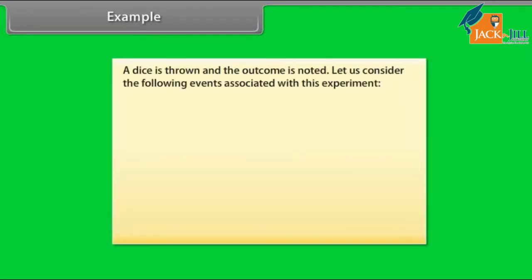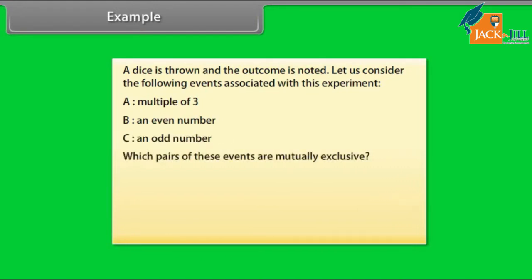Example. A dice is thrown and the outcome is noted. Let us consider the following events associated with this experiment. A, multiple of 3. B, an even number. C, an odd number. Which pairs of these events are mutually exclusive? Solution.